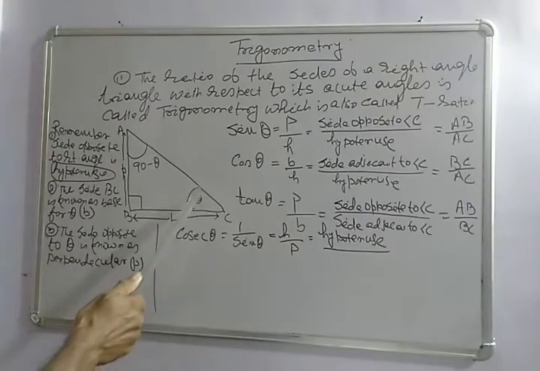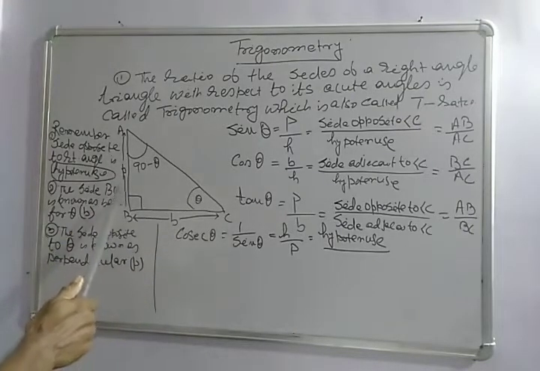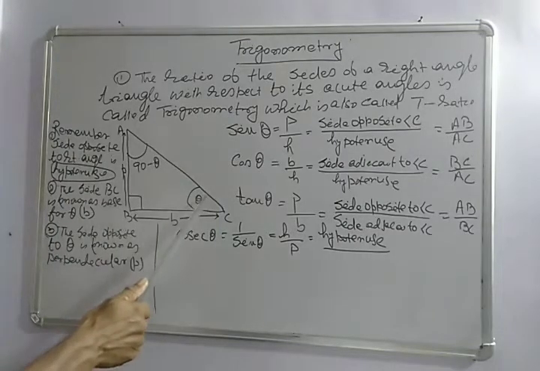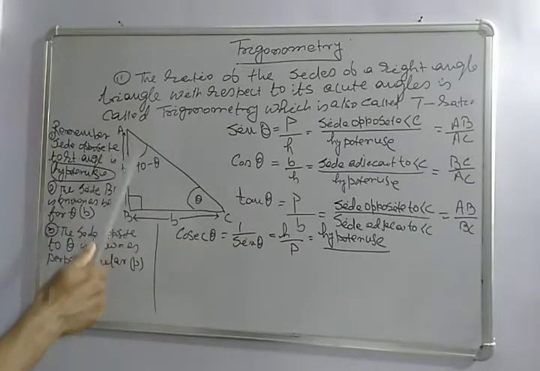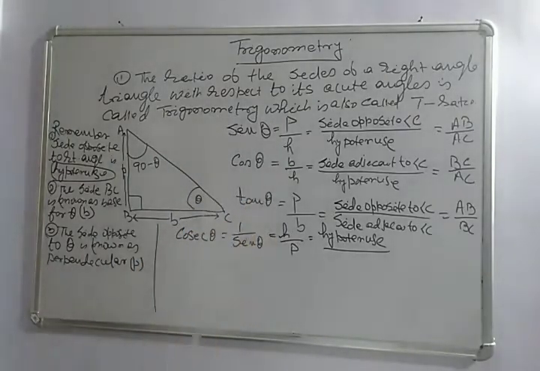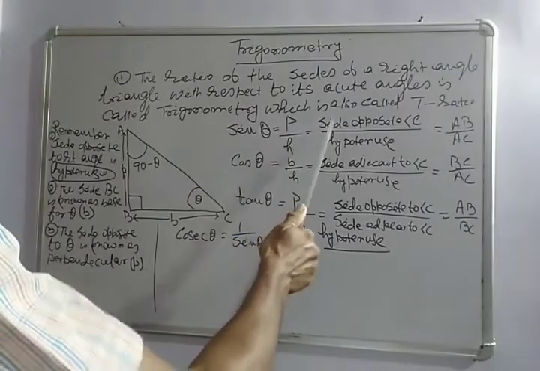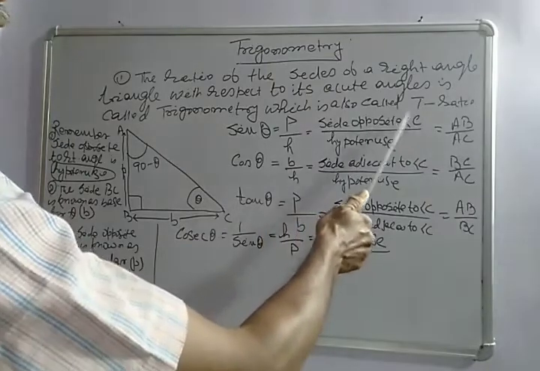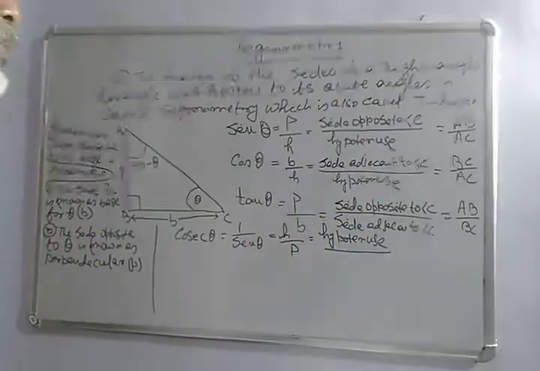So this is a right angle triangle ABC, right angled at B, and if C is theta, then A is equal to 90 minus theta. Sin theta is equal to P by H, that means the side opposite to angle C by hypotenuse.